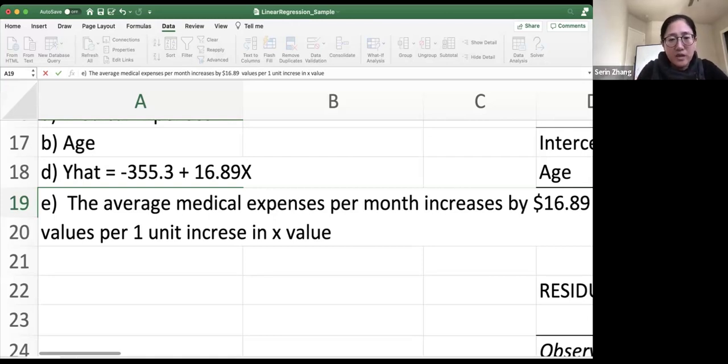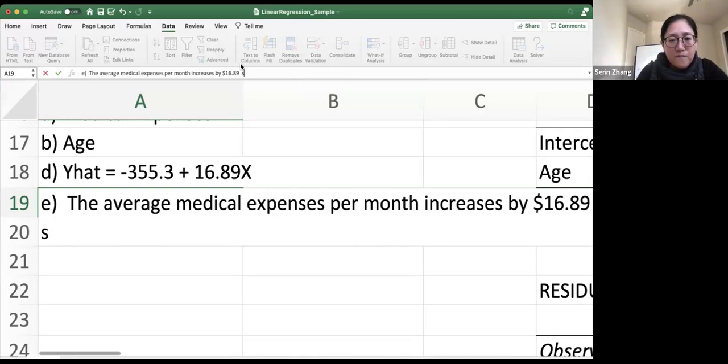You can just put it like that, or you can say it like this: when age increases 1 year.